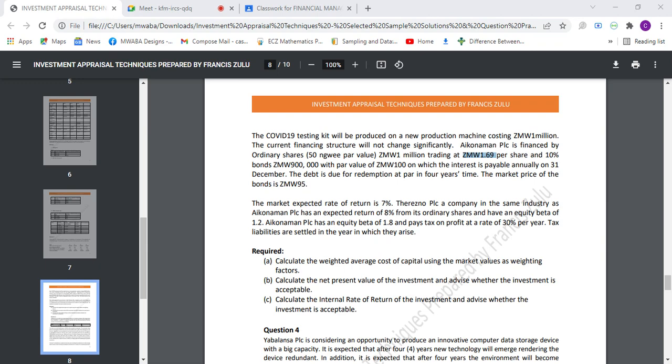After I find the market value of equity, now I have to find the market value of debt, which is VD.